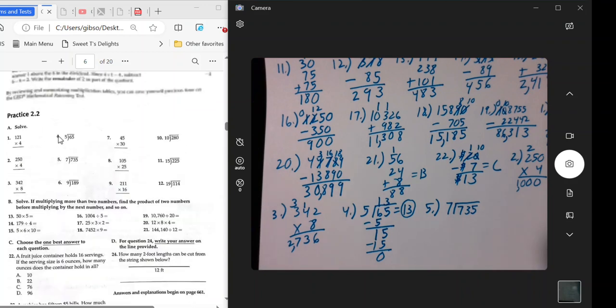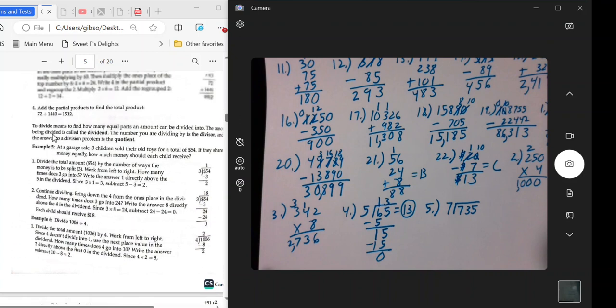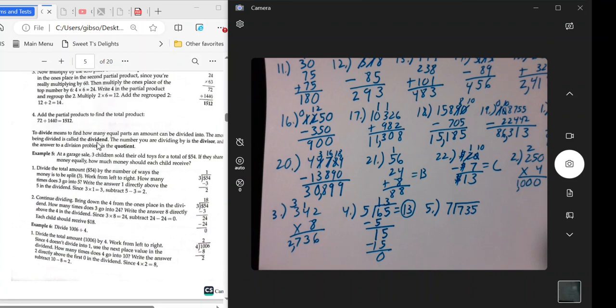And if you look here in your notes, they have dividend, divisor, quotient. So this here is your divisor. The 7 is your divisor. This is what you're dividing by. Your dividend is what is to be divided, which would be here, which is the 735. And your quotient is your final answer.